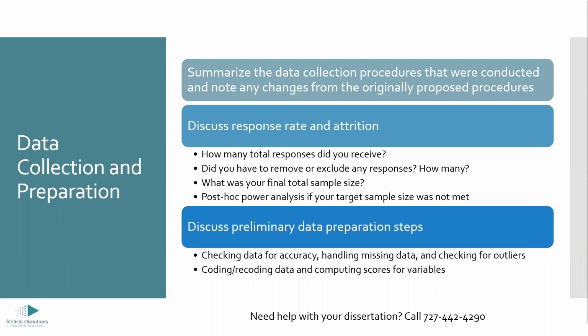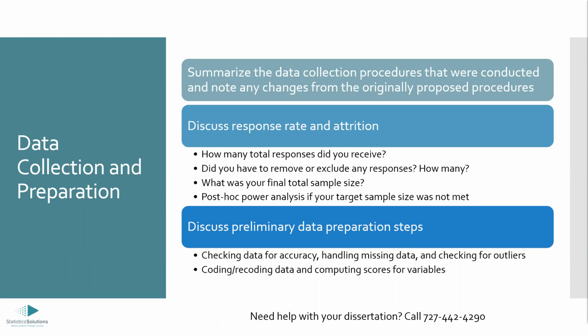Usually in your methodology chapter, you would do a power analysis for a quantitative study to determine the number of participants or the sample size that you need for your study. And if you don't meet that sample size, then your school or committee may require you to do a post hoc power analysis to determine the statistical power of your study with the sample that you obtained.